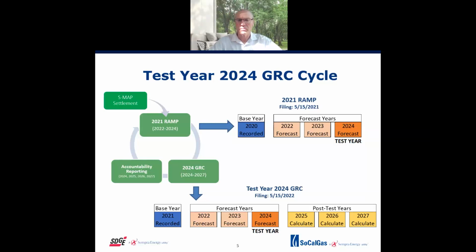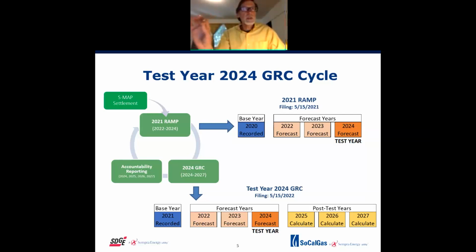But let me just try to succinctly state my issue. 2023 should be the base year. It has nothing to do with the post-test years. So I don't know, Jamie, why you raised that. 2023 should be the base year because we want the risk reduction achieved through the mitigations you're thinking of applying in the 2024 GRC measured against the risk reduction that will already have been accomplished through 2023.